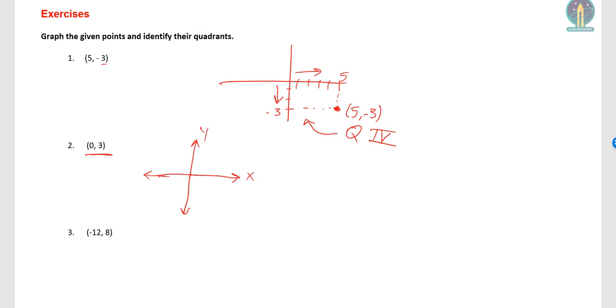The y value is going to be plus 3, so I'm going to count this way: 1, 2, 3. So the point is going to be 0 on x and 3 on y, which is going to be right here. It's going to be on the y-axis.